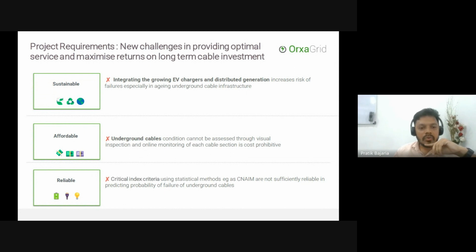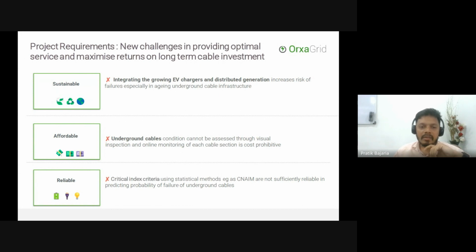It could be any set of cables. For example, I'm taking a use case of underground cable, where we want to understand whether integrating these solutions into the system allows the capability of expanding to EV solutions which are already in the picture.